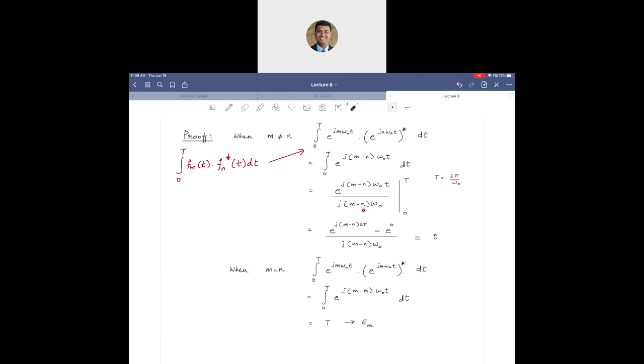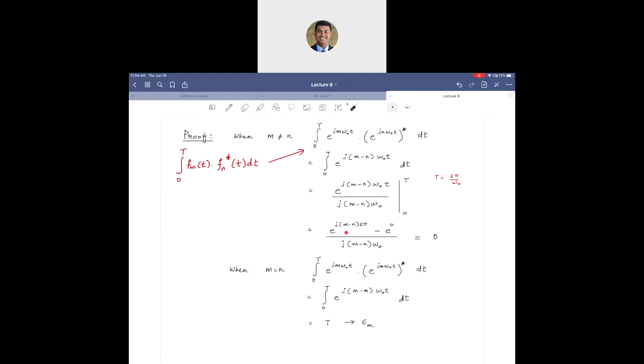So you apply your integration identities that you have learned, and substitute the limits on that integration, 0 and cap T, where T again is 2 pi divided by omega naught, the fundamental radian frequency. Substitute the limits, you will see that it evaluates to 0.